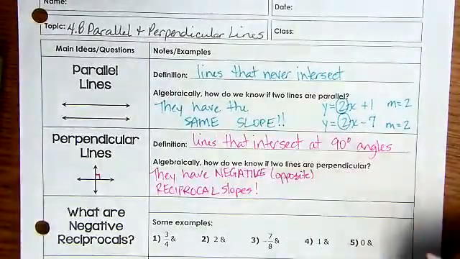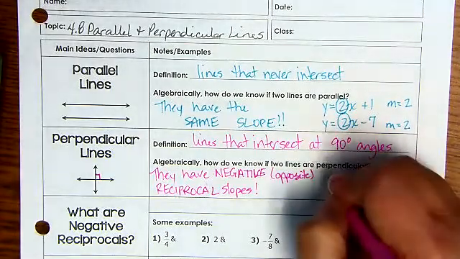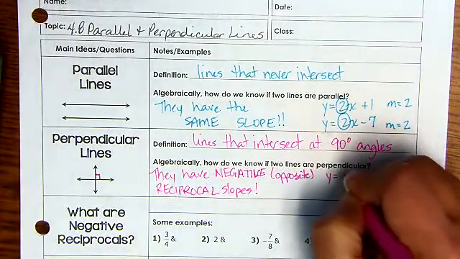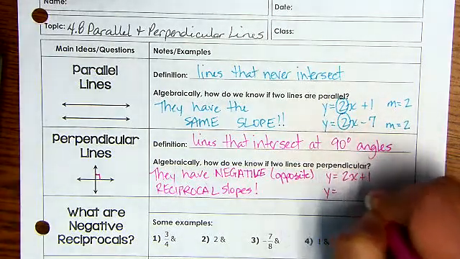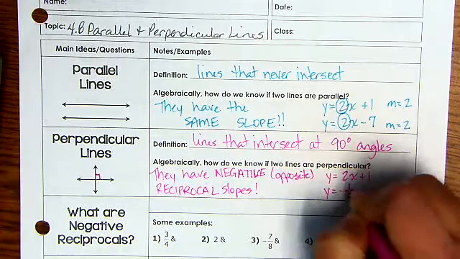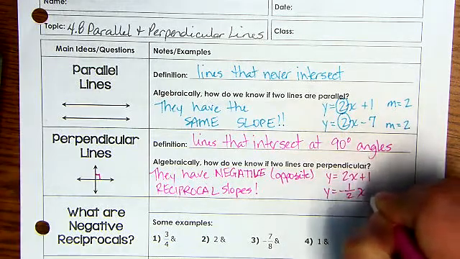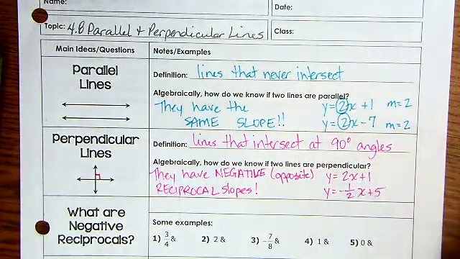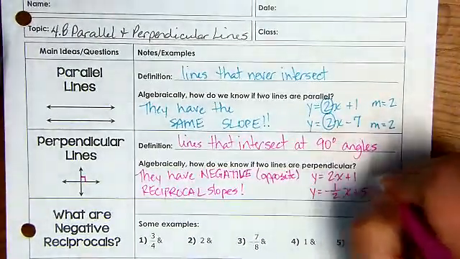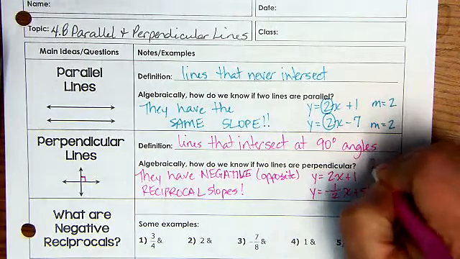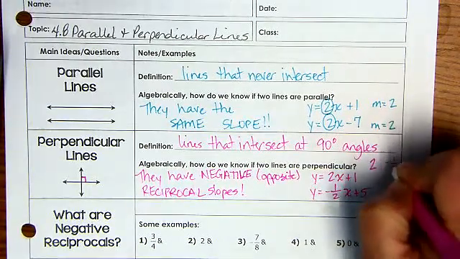Okay, negative reciprocal slopes. So for instance, if we had y equals 2x plus 1, a perpendicular line would be y equals -1/2 x plus 5. So if I'm looking at the slopes, my slopes are 2 and -1/2.